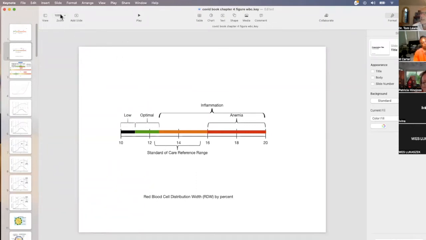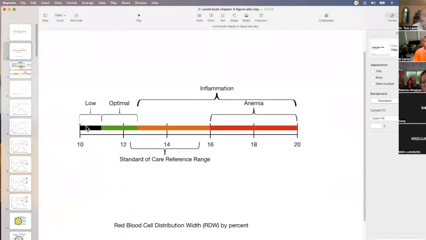Basically, we have a low zone, and there's really no real explanation of what the problem with a low RDW is. It's probably just not very common. I don't think it's necessarily harmful. That's why I don't have it in any particular color other than black. It's just considered low, or maybe it just doesn't occur. It's kind of like a softball, it's a certain size. It's never the size of a baseball.